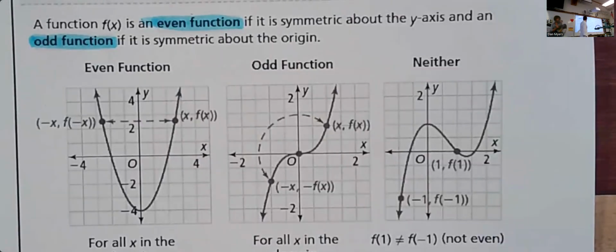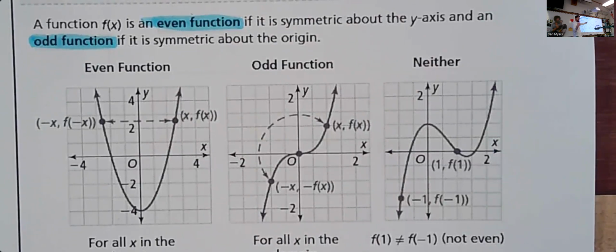And so if you look at this first function here, everybody take a look at the even function up here. Even means, ready, Devin? Even means if you flip it around the y-axis, it maps perfectly onto itself. This point looks like it's about 3 away from the y-axis. This point is also about 3 away from the y-axis.